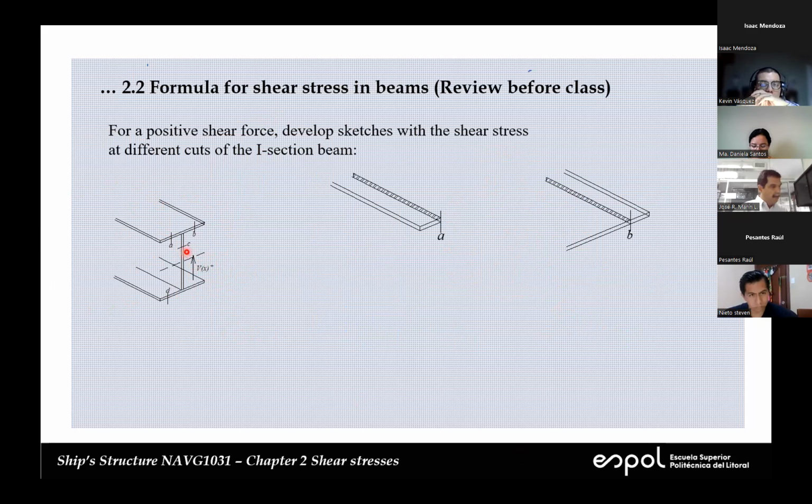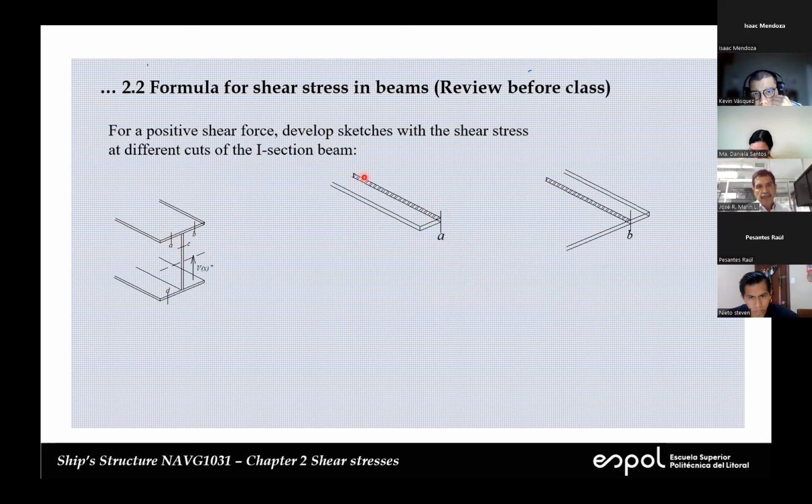Now we have cuts A, B, C, and down here, D. Now, everybody consider this piece, which corresponds to the cut A that you can see here. It's in the upper flange on the left side.